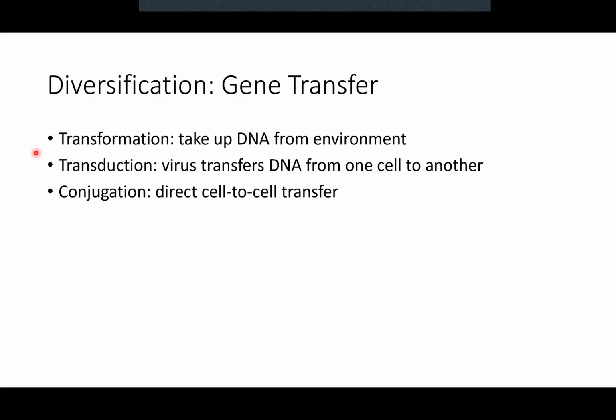So maybe a cell has died, then its DNA kind of floods out, and then another cell can directly take that up. Transduction is where a virus transfers DNA from one cell to another. And then finally, we talked about conjugation, which is direct cell-to-cell transfer of DNA.